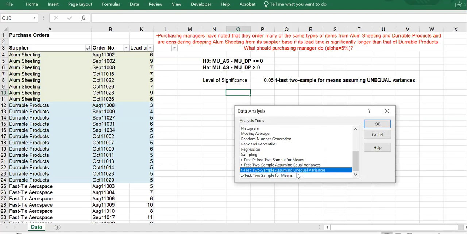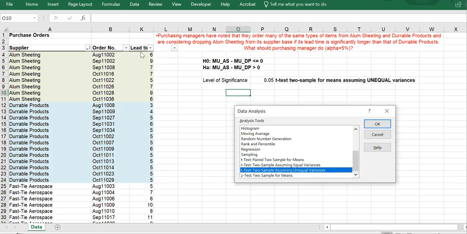And like I said, we use this when we have independent samples. This is our sample 1 and then sample 2. As you can see, they have different numbers of orders in them. The orders are completely different, coming from different suppliers.